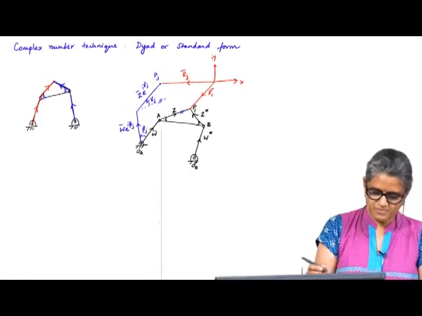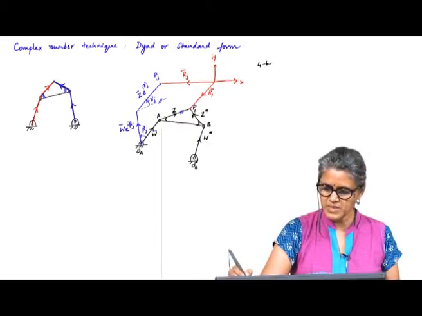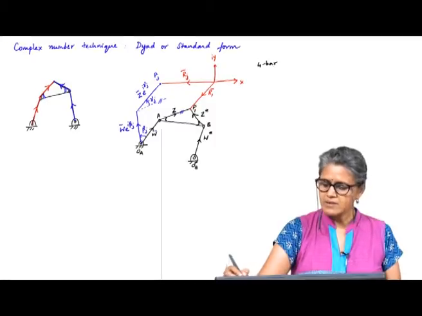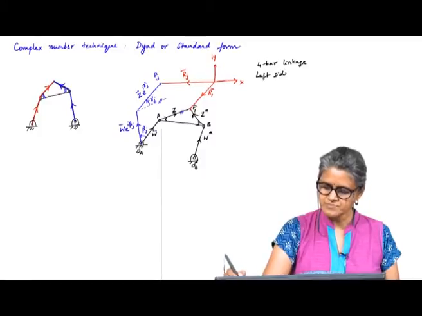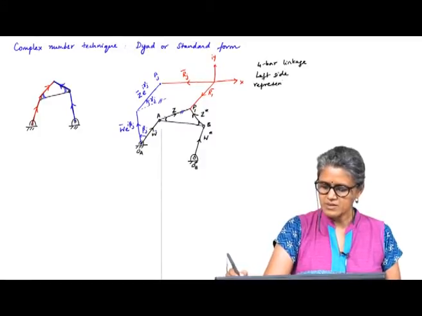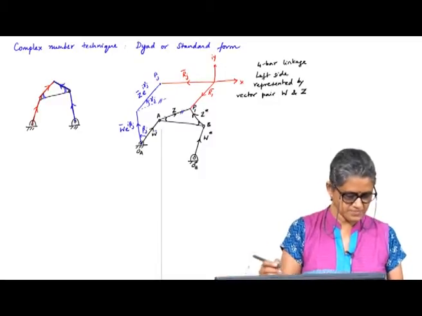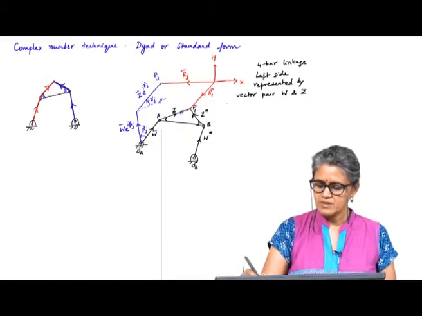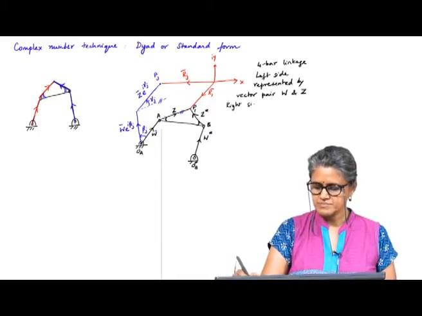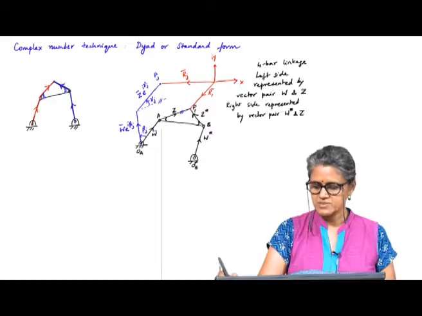So, here this is a 4 bar linkage with the left side represented by the vector pair W and Z, right side W star and Z star.